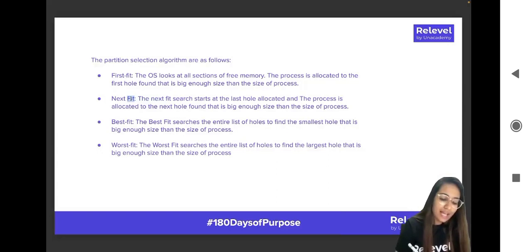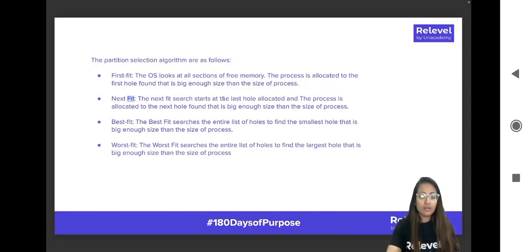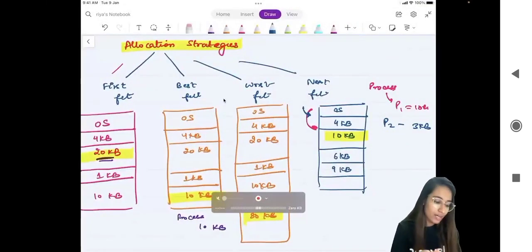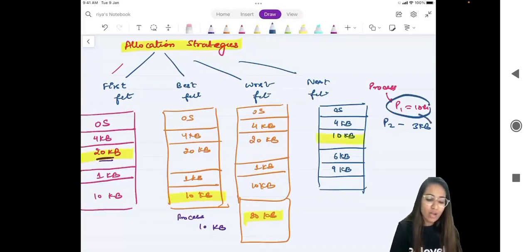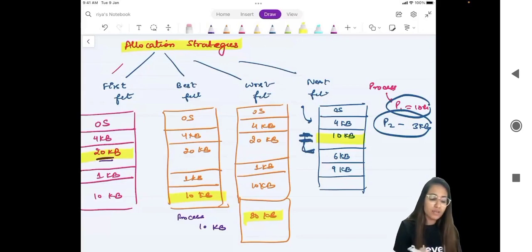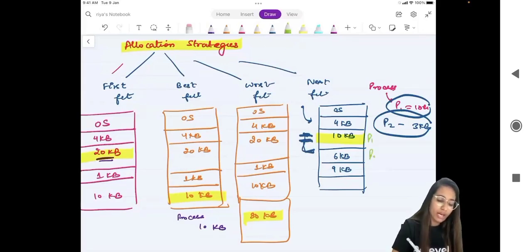Next fit says that if another process comes for 3 kb, don't start looking from the start. Start from where you allocated the previous process and just find a hole which is big enough. So in this case, P1 will go over here and P2 will go over here.